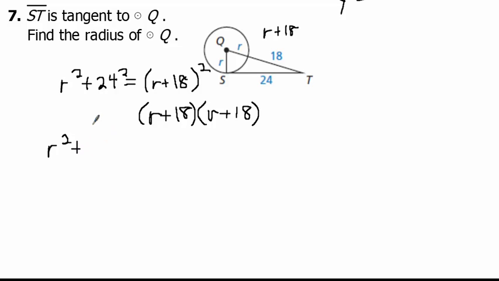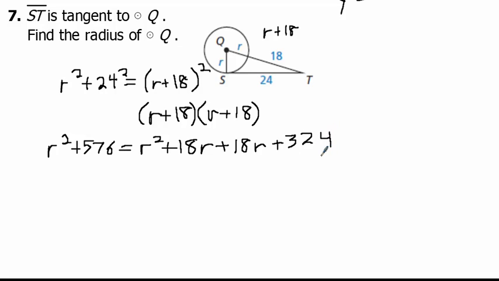So 24 squared is going to be 576. Firsts, outsides, insides, and lasts. 18 squared is 324.